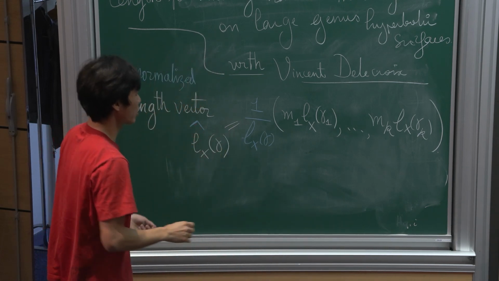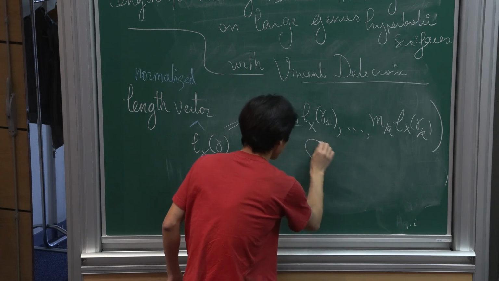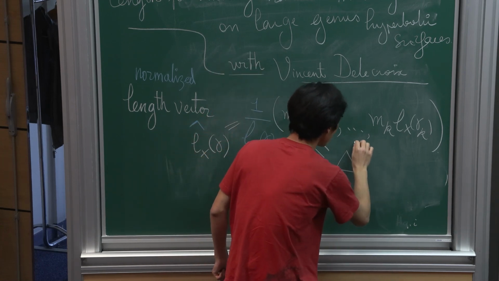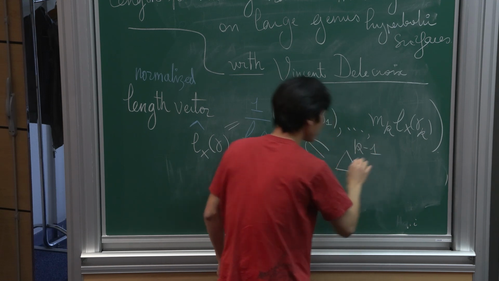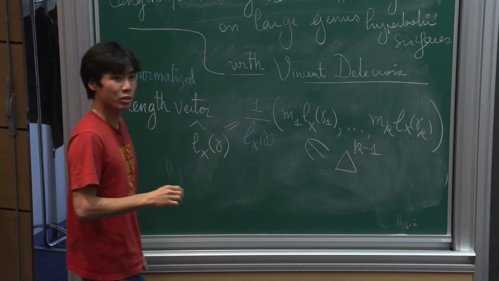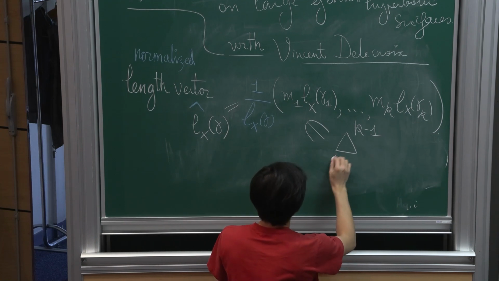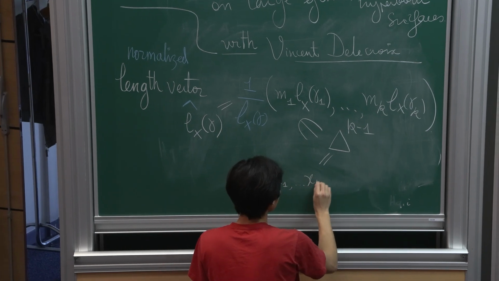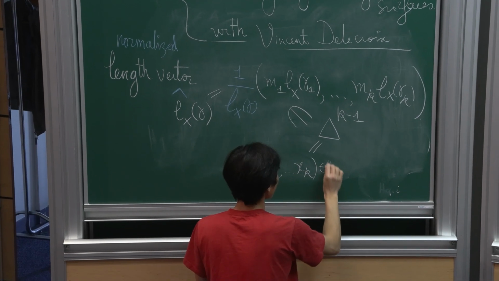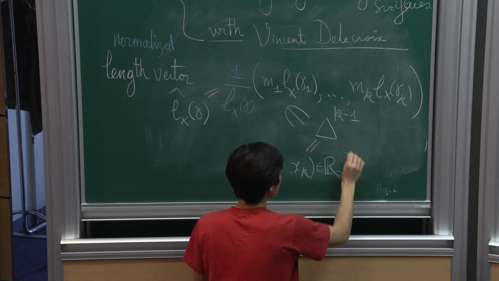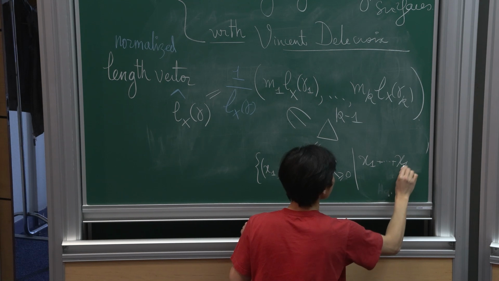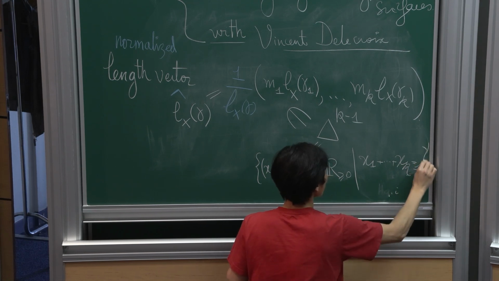A unit vector, which means that this vector lives in the k-dimensional, in fact k-1 dimensional, standard simplex, which is by definition the set of x1 to xk, where all your coordinates are positive, such that the sum of all the coordinates is exactly 1.